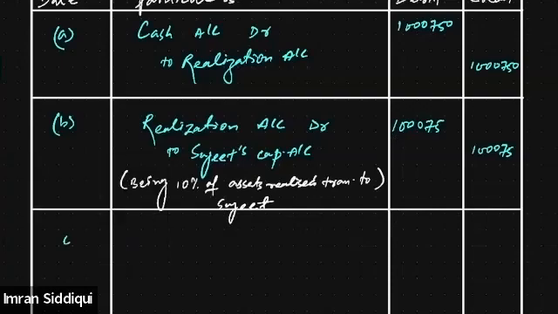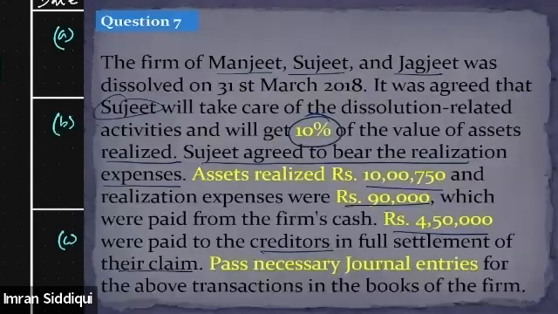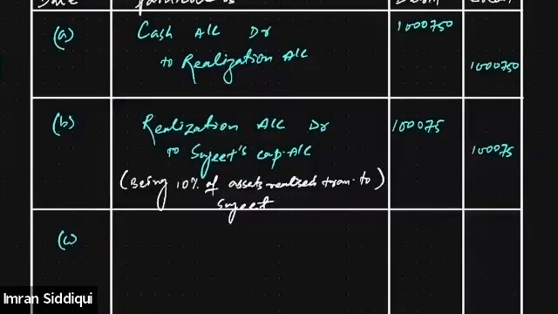Then the next transaction. In the next information, it says that realization expenses were rupees 90,000. So who has agreed to bear the realization expense? Sujit has agreed to bear the realization expense, so the entire realization expense needs to be paid by Sujit only.